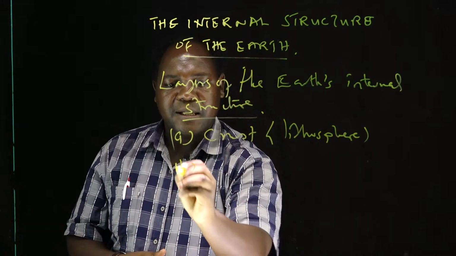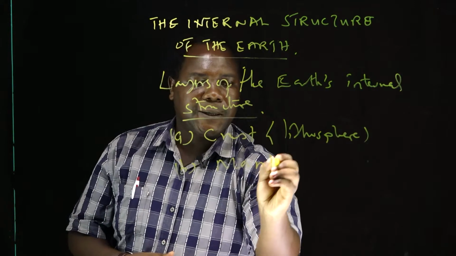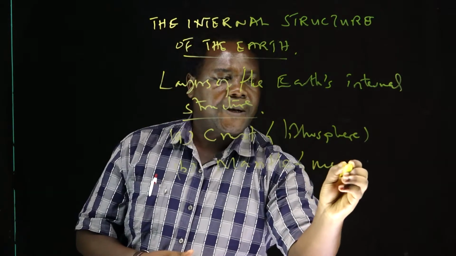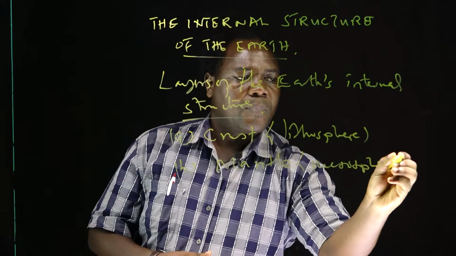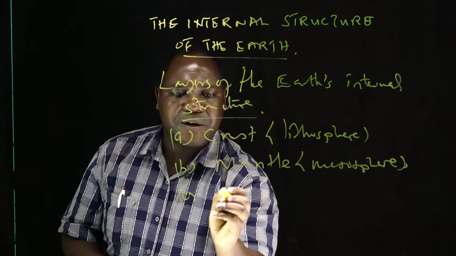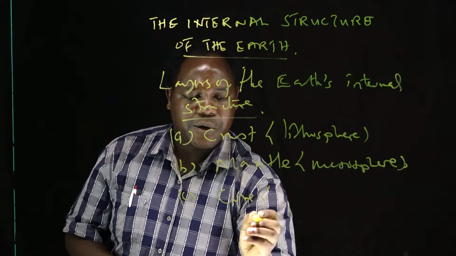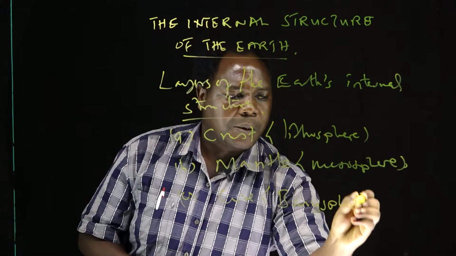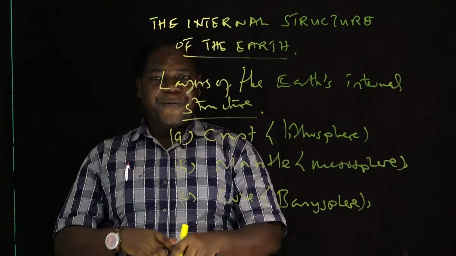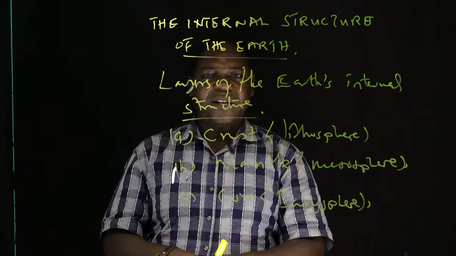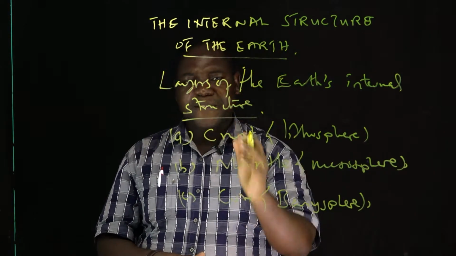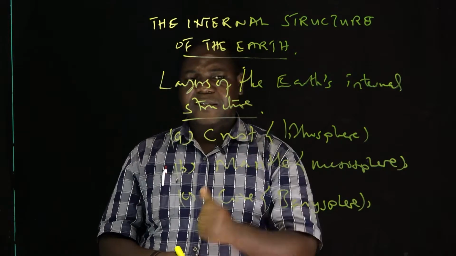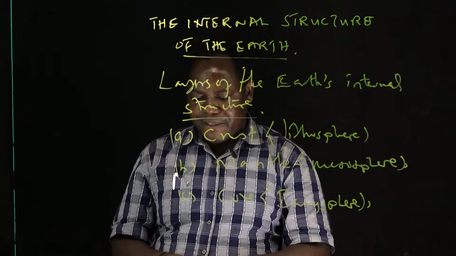The second is the mantle, or mesosphere. And the last one is the core, or bathysphere. Therefore, from where we are downward, the earth is in 3 layers. We have the crust, we have the mantle, and we have the core.